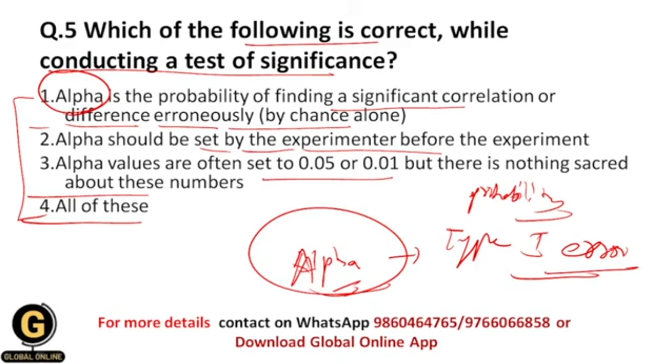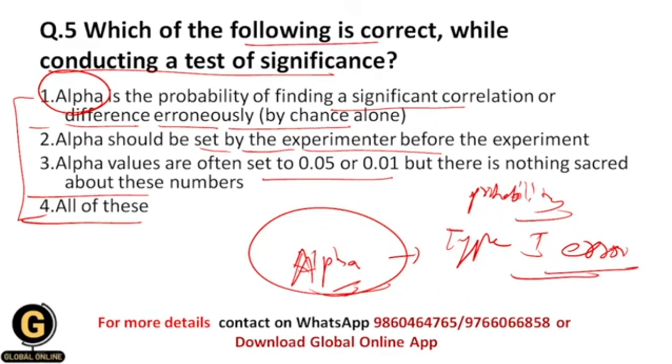Because this is the probability of a type 1 error, ultimately this is the probability of finding a significant correlation between variables or difference between variables, but by chance alone. All of you getting? And there are some common values for alpha, and the experimenter or researcher should set these values before the experiment, because they will understand exactly what the results of their research will be.